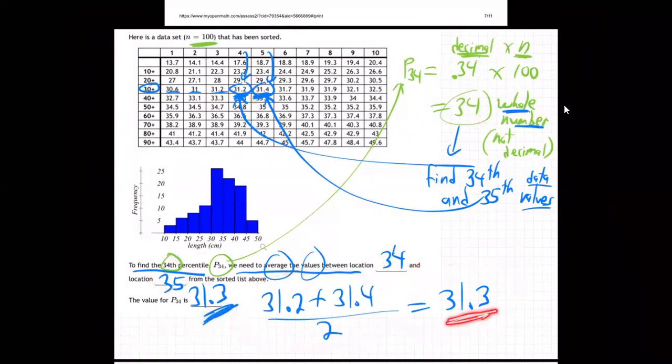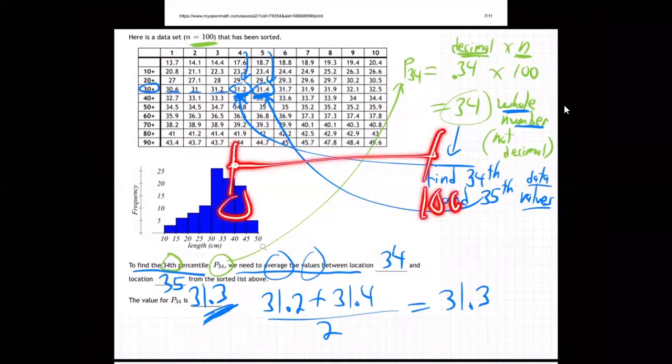In other words, 31.3, that data value is 34% along the way. That's what it means. Percentile is a ranking system from 0 to 100. If you're at the 34th percentile, you're about 1/3 of the way through.